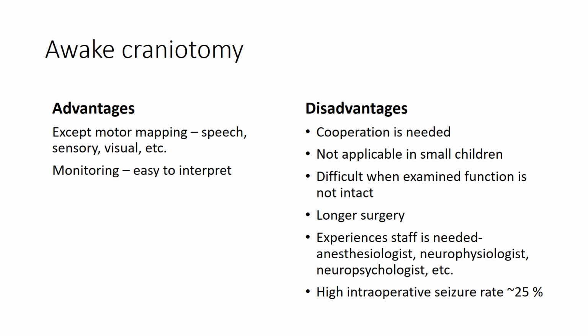It's easy to interpret monitoring results when you ask the patient to move his extremities, when you perform a conversation with him, not you, but the neuropsychologist, let's say. You are constantly able to monitor the integrity of neurological functioning.